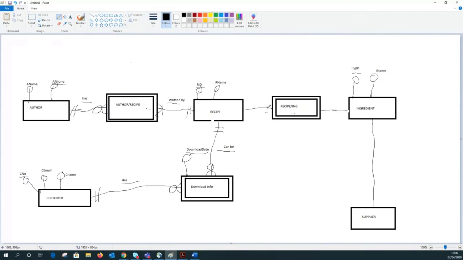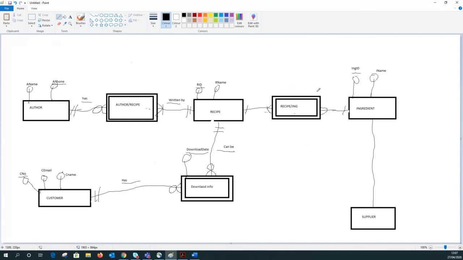So always, as I mentioned, if there's a weak entity, the many end is attached to the weak entity side, and the one end attached to the main entity side. So one to many. One recipe can appear many times in this table, and also one ingredient can appear many times in this table. That is what we mean by one to many, right?